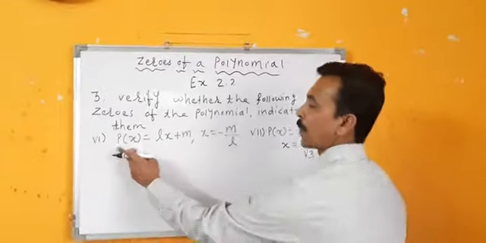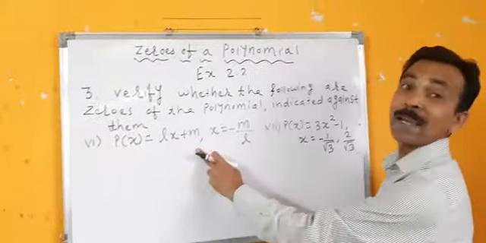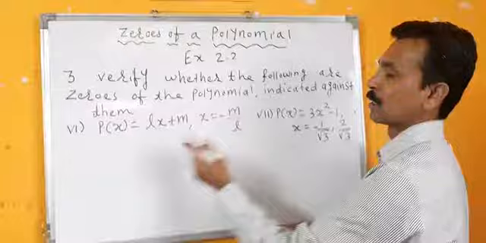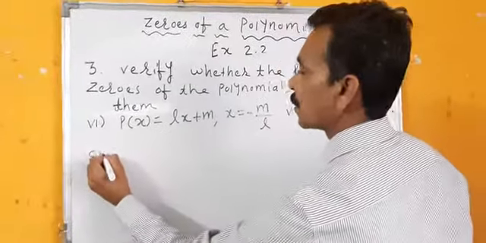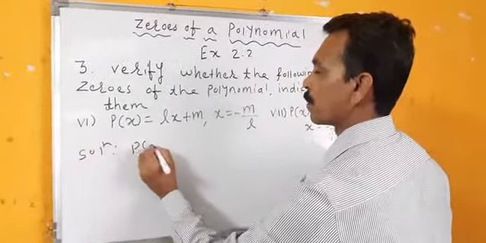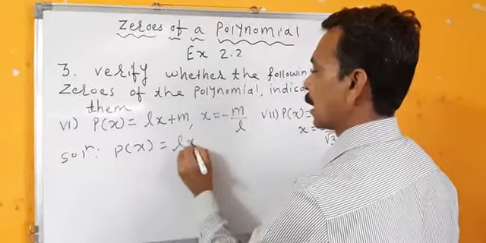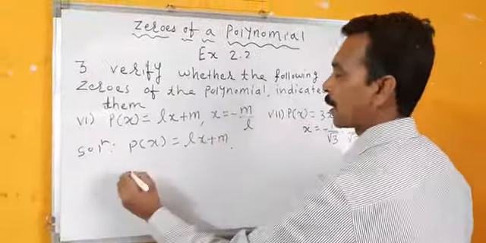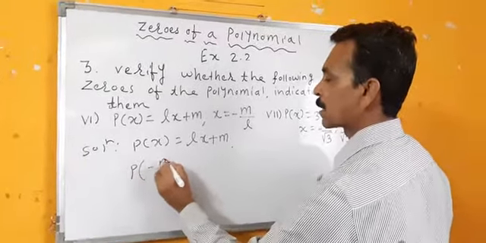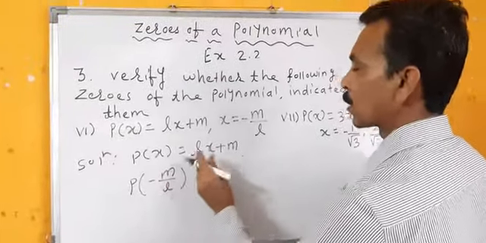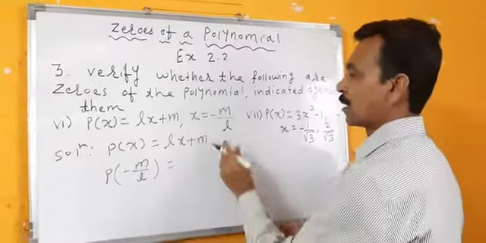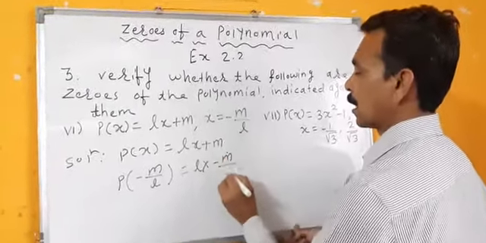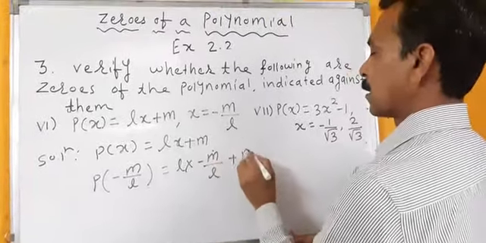Sixth sum is P of x is equal to Lx plus m where x is equal to minus m by L. So I will write here P of x is equal to Lx plus m. But what is the value of x? Minus m by L. So it becomes P of minus m upon L is equal to Lx, means L into x, L into the value of x, minus m upon L, plus m.